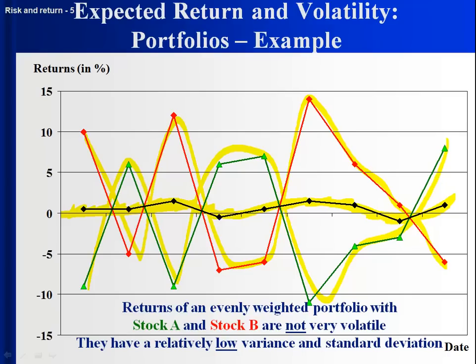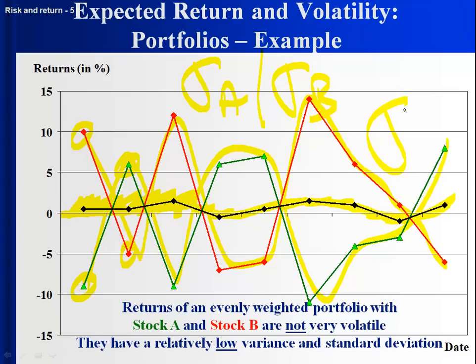You can see on days when A down here is negative 9%, B is at plus 10%, plus 6%, minus 5%. So there's some cancellation. So even though the standard deviation of A and the standard deviation of B are quite large, the standard deviation of the portfolio is relatively small.